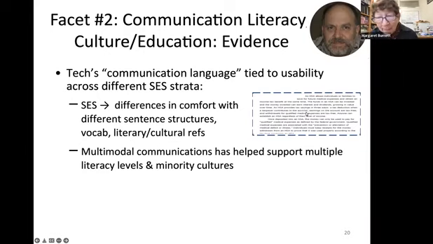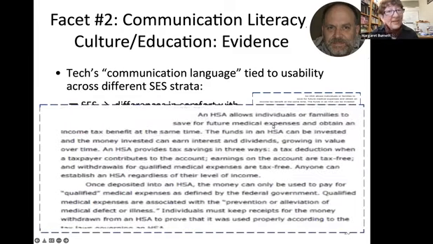So here's an example. This little thing that you can't quite see because it's small, I'm going to blow it up, and it's about a health savings account. So it's on a website where people are trying to decide, they have two choices for their health insurance. Yay, they actually get health insurance. This is good. And this explains how a health savings account works so that they can decide whether to do it. Look at the style this is written in.